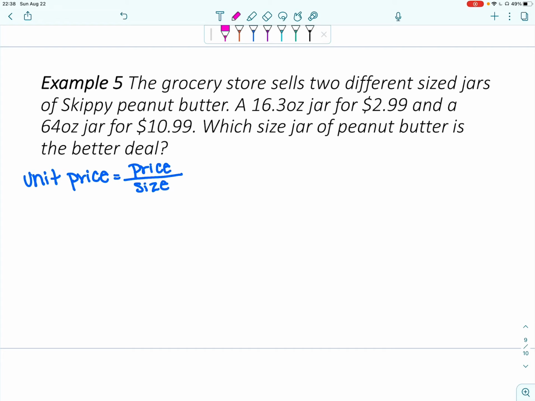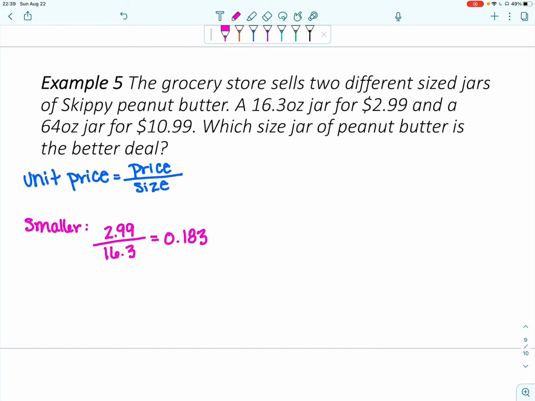So I'm going to start with the smaller jar. The price of the smaller jar is $2.99, and it is a 16.3 ounce jar. I want to know how much it is for each ounce of peanut butter. That's what this is going to tell me. So $2.99 divided by 16.3 is 0.183.